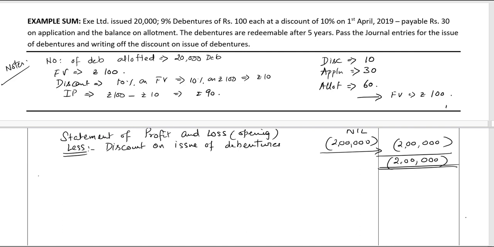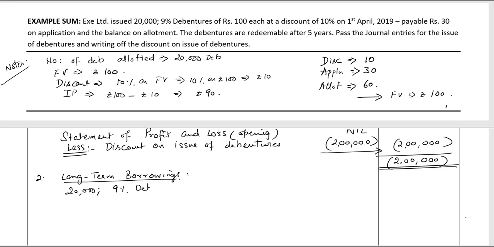The second note, long-term borrowings. We have 20,000 9% debentures of rupees 100 each. Amounts to 20 lakh rupees, and that's the amount which needs to be shown under long-term borrowings in the balance sheet.